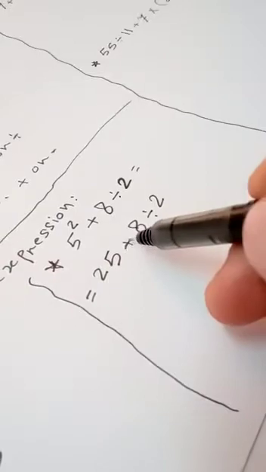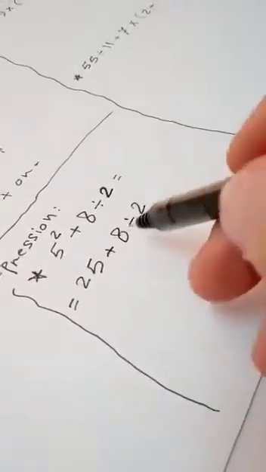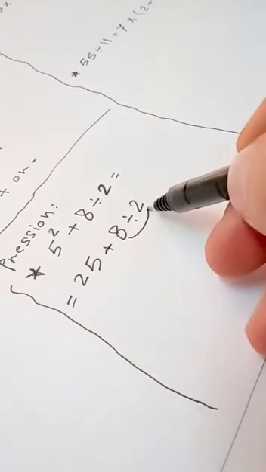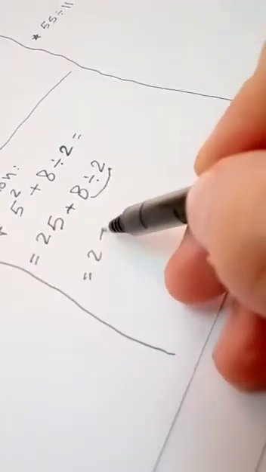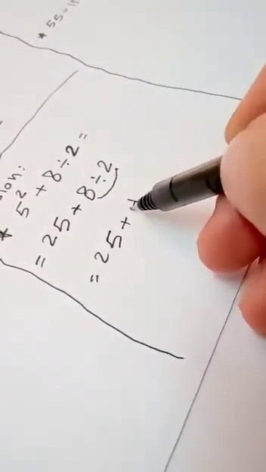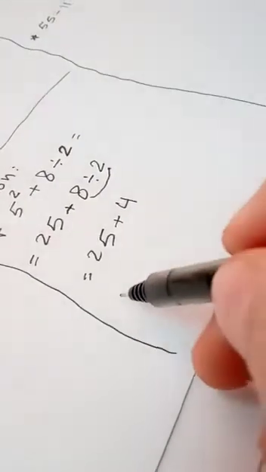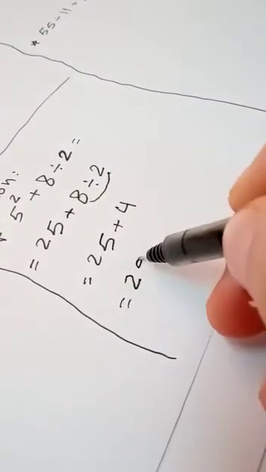Now we have plus and divide. The order is for the divide, so do divide first. So 8 divided by 2 will be 4. Now 25 plus 4 we have 29.